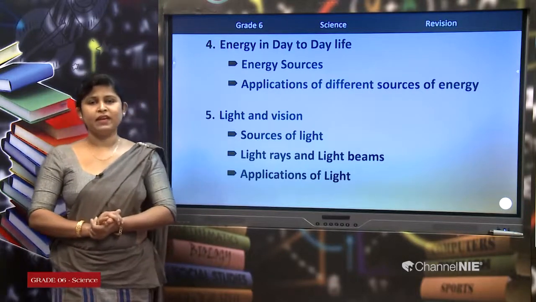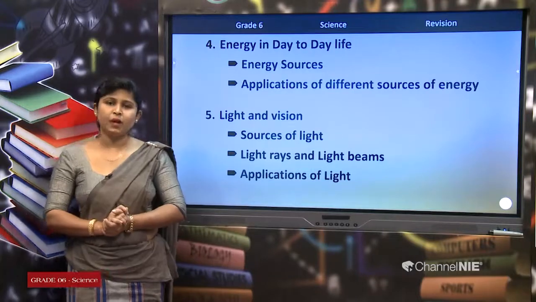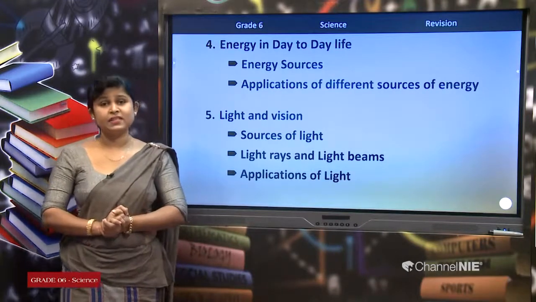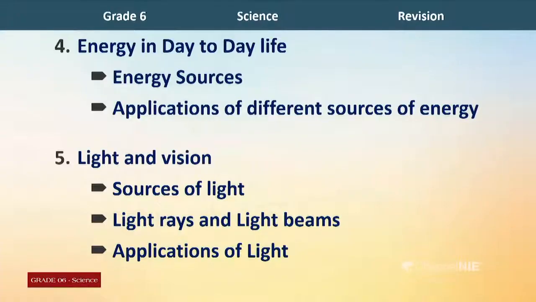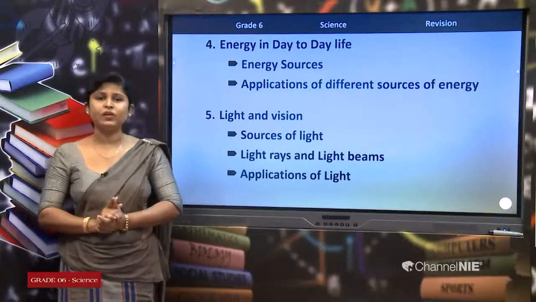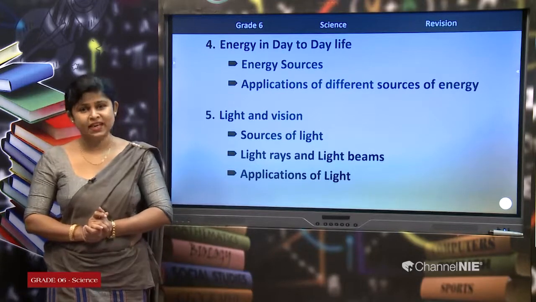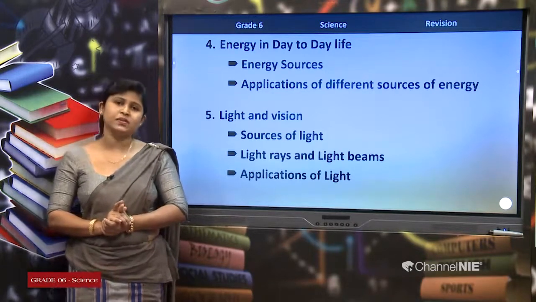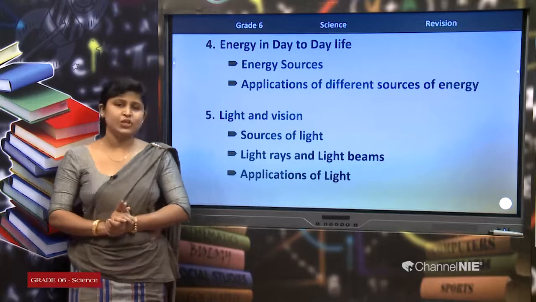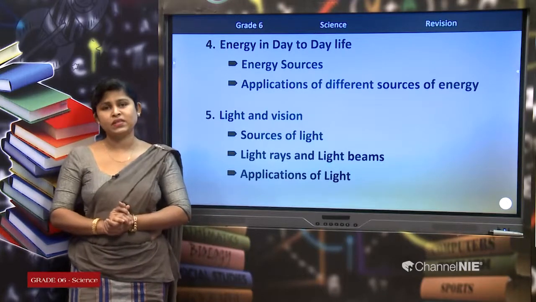Light and vision, I think you have done a number of activities in this unit. Firstly, we discussed about sources of light, then light rays and light beams and applications of light. My dear children, you know that our main source of light is the sun. But in addition to the sun, there are a number of sources of light.